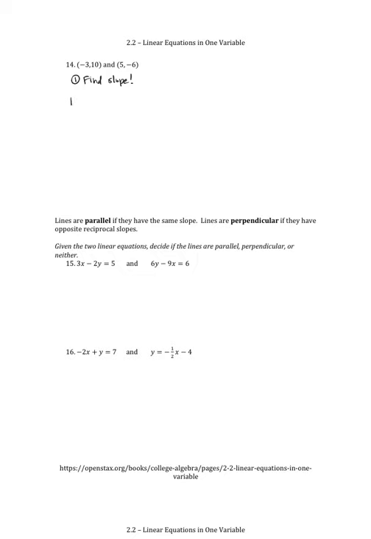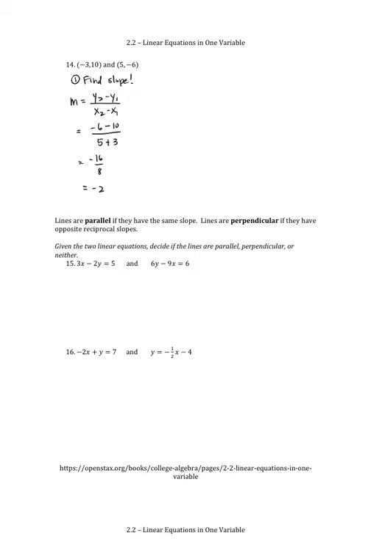You need to have the slope formula memorized. Remember that it's y2 minus y1 over x2 minus x1. So let's see, we'll have negative 6 minus 10 over 5 minus a negative 3, so 5 plus 3. So that's going to be negative 16 over 8, which is negative 2.